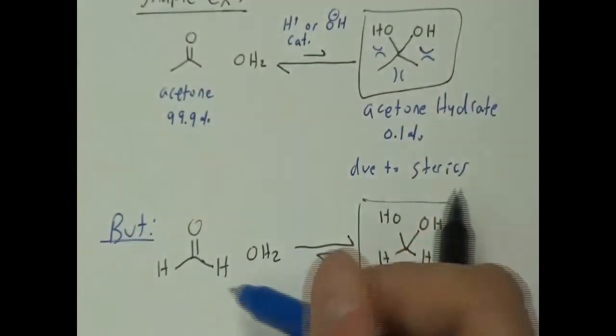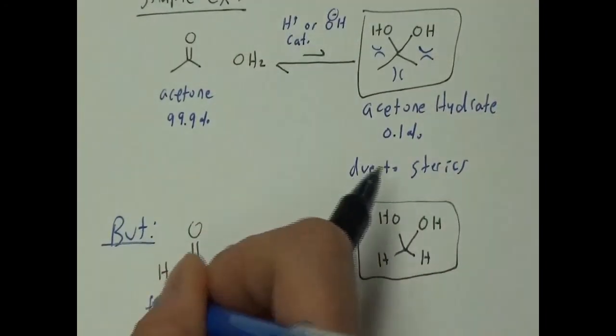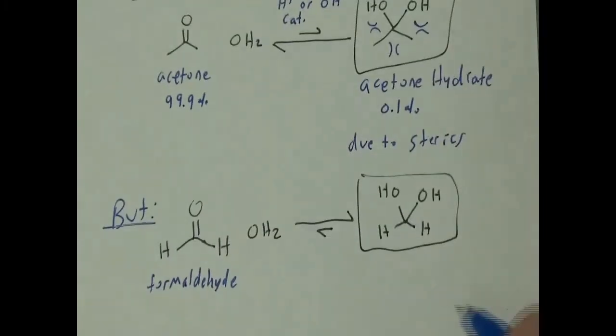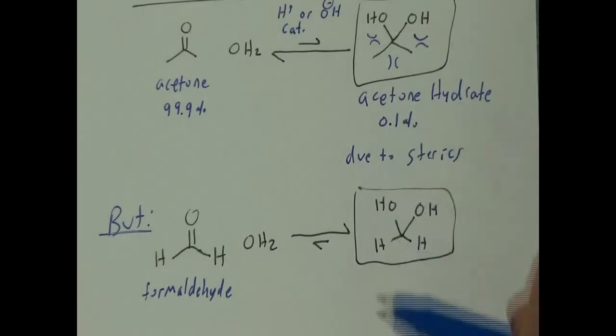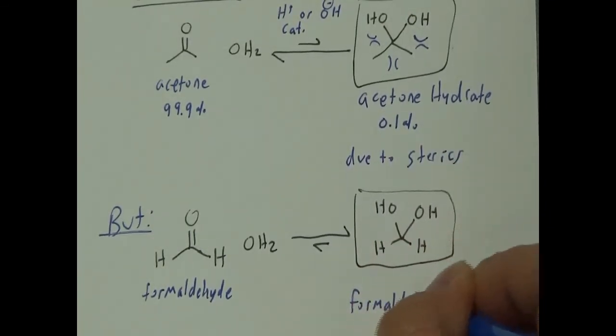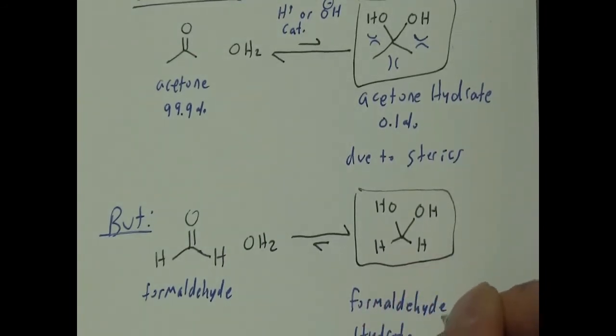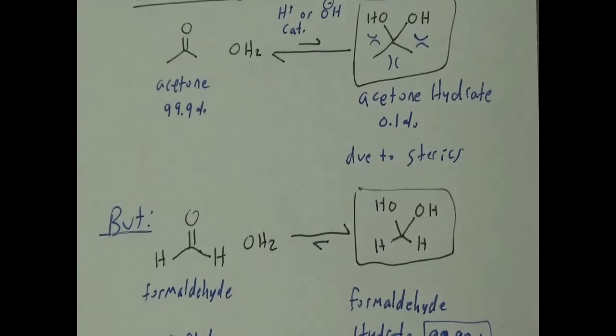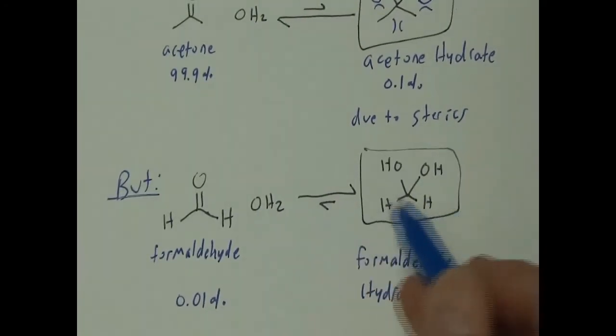This stuff is called something hydrate, like formaldehyde hydrate. And this is 99.99%. So it's very favored, and this is like 0.01%. So formaldehyde really loves to be in the hydrated form.